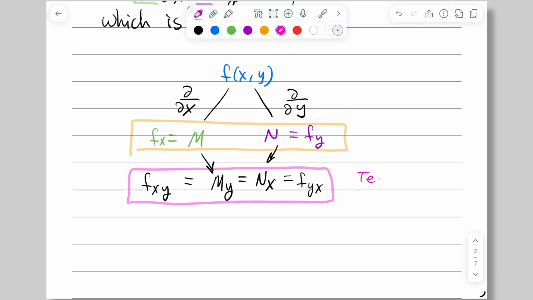So this is a test for exactness. If we find that these partial derivatives are the same, then we know that M and N came from the same function f, and then we can find f, and our first step would be to maybe take M and partially integrate it with respect to x. You can kind of see how that works, I hope. And that's what we're going to see in our examples.